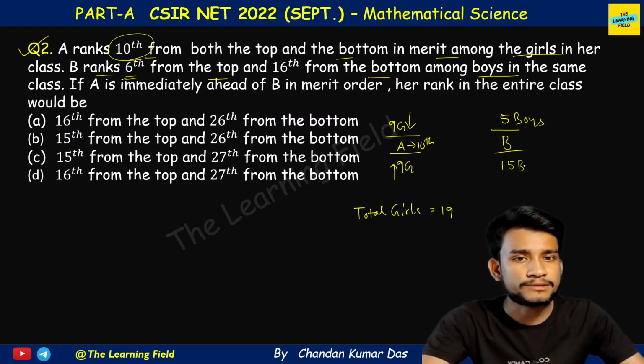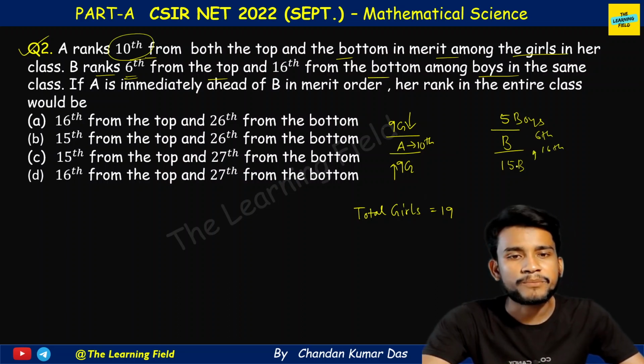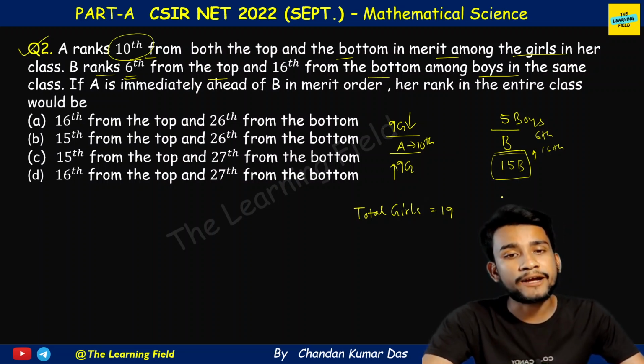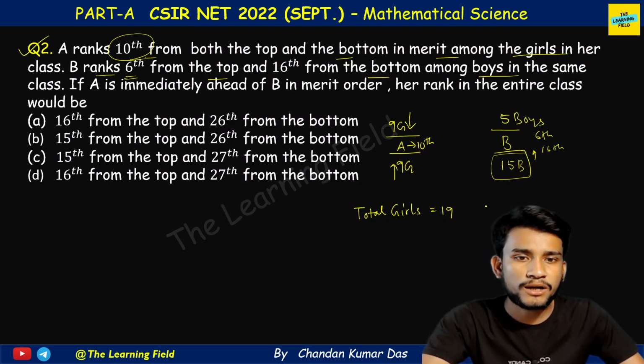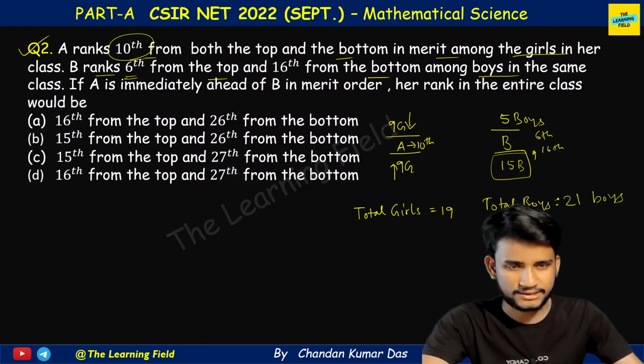Therefore, the total number of boys is 5 boys plus 15 boys plus B, that is a total of 21 boys in the class.